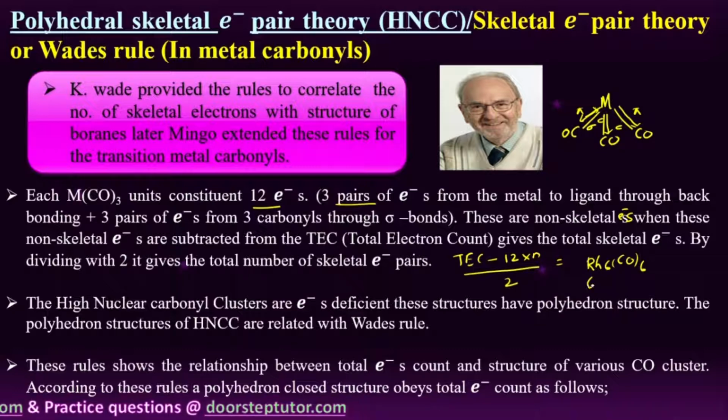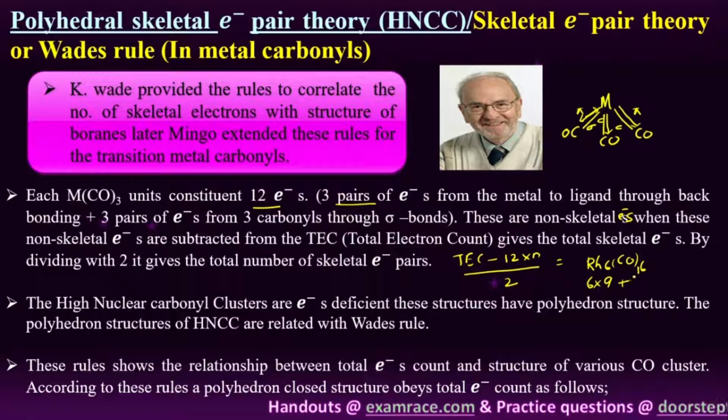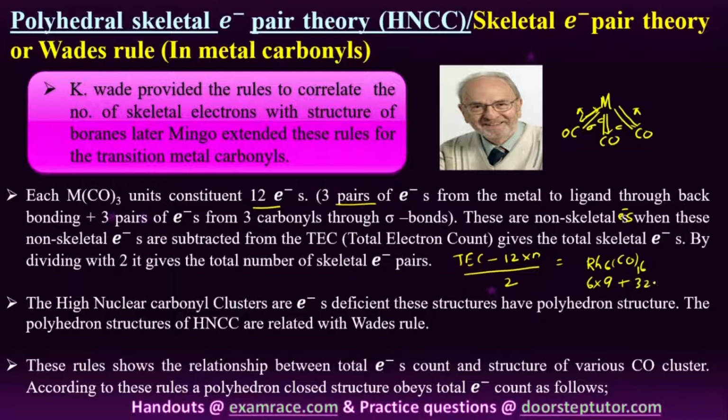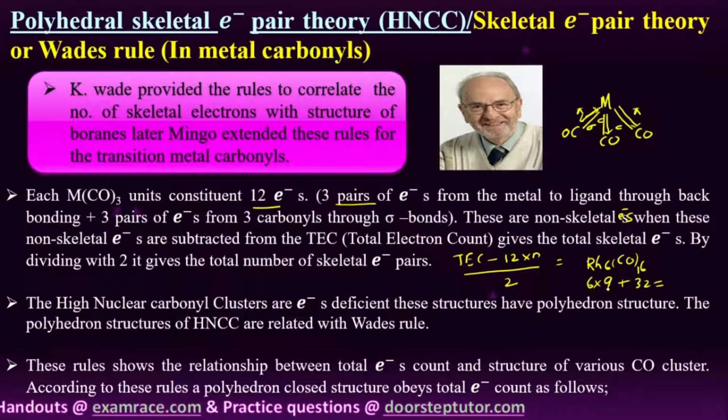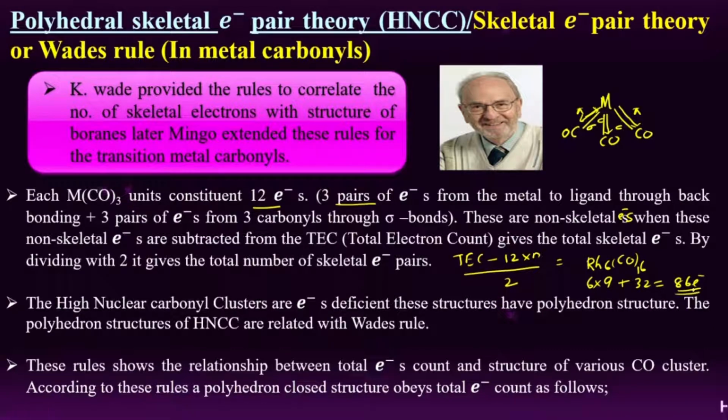Here we have six metal atoms, and the valence electrons in each rhodium atom is 9. Each CO contributes 2 electrons to the metal atoms, so 16 times 2 is 32 electrons. Therefore 9 times 6 is 54, plus 32, which equals 86 electrons. These 86 electrons are the total electron count for the given metal carbonyl.